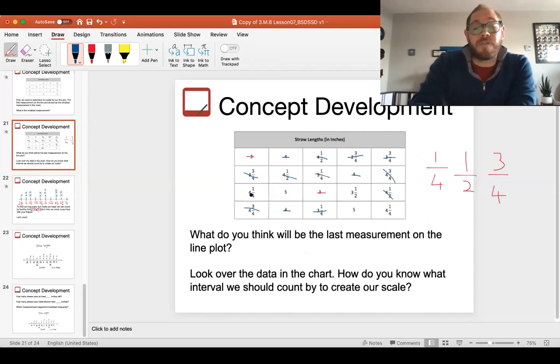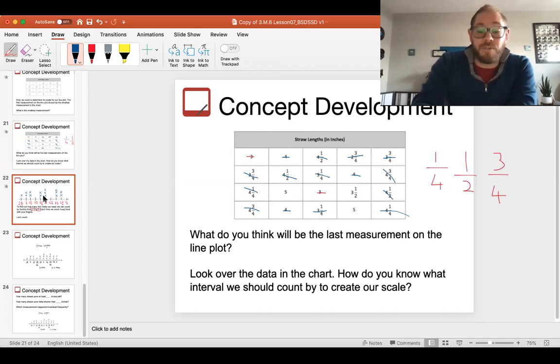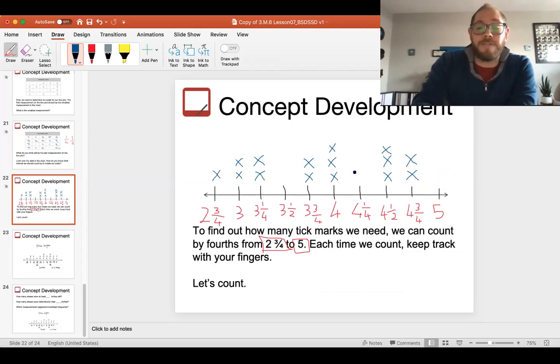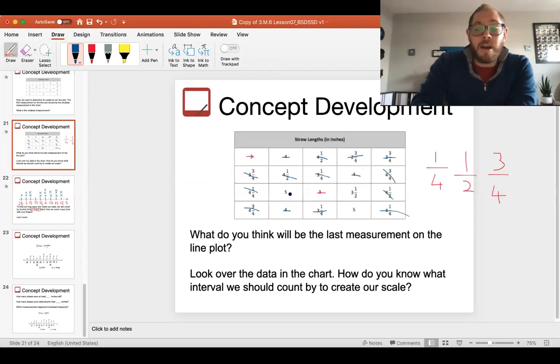Our next number is 4 1/4. So there's 1 and 2. So 2 for 4 and 1/4. There we are, 1 and 2. Lovely work.